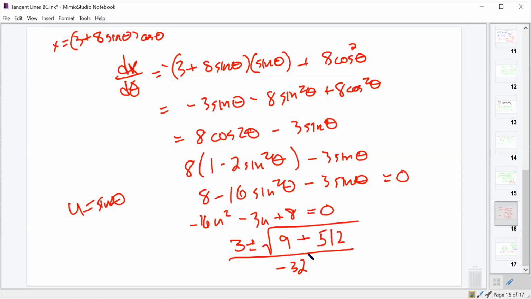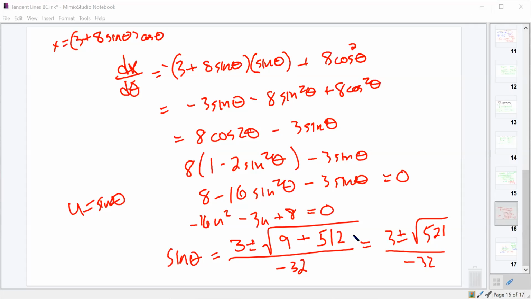You guys agree with me on my arithmetic there? At 512? Okay. And so this gives us sine theta equals 3 plus or minus root 521 over negative 32.